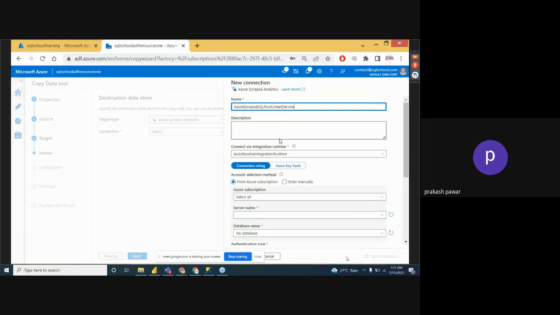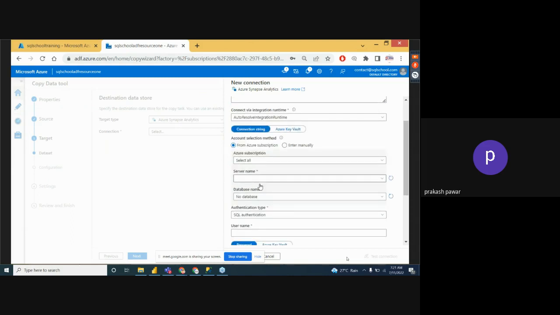Here you see something called IR, integration runtime. Just remember this term for tomorrow's class. It is responsible to establish the connection, the Azure service to establish connection.